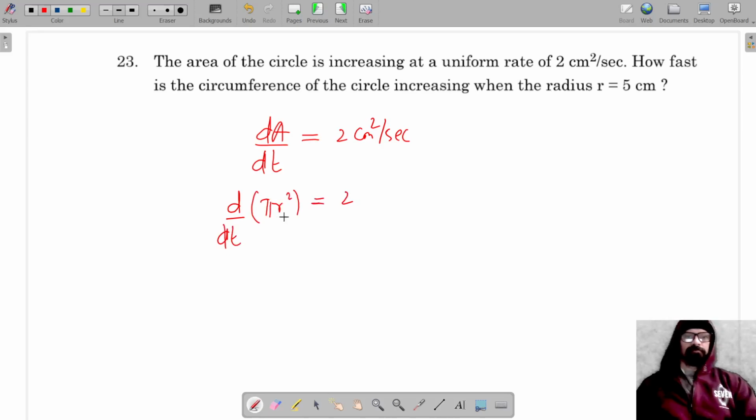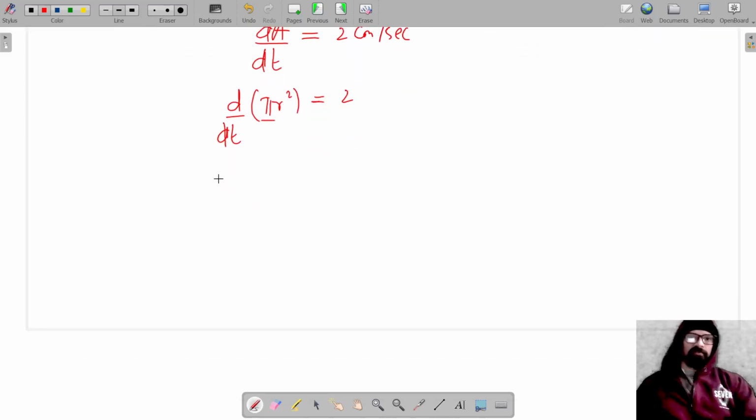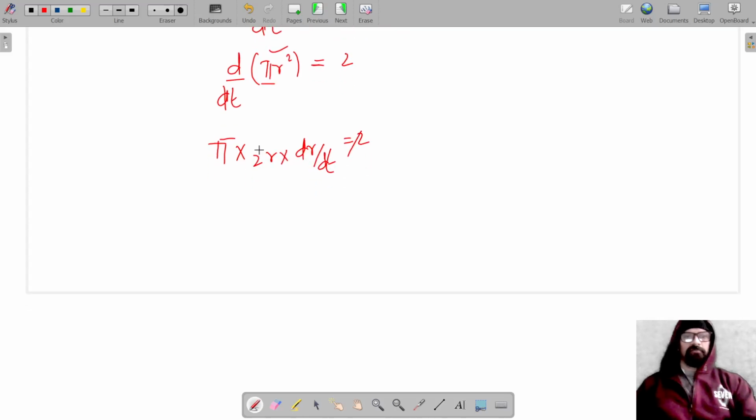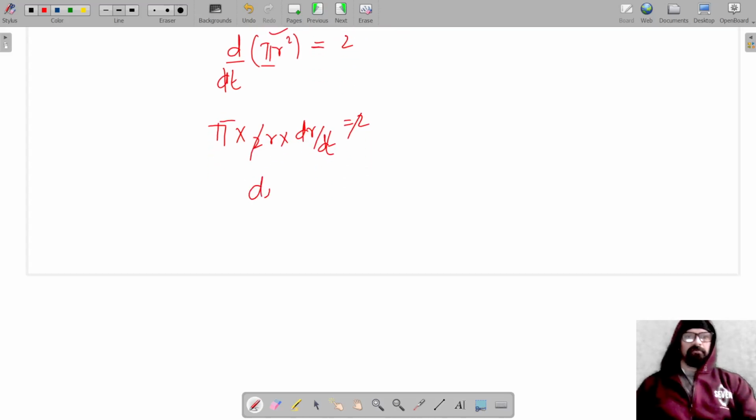Pi is constant, and the differentiation of r square is 2r, times dr by dt, which is equal to 2. So the rate of change of radius with respect to time is 1 upon r pi centimeter per second.